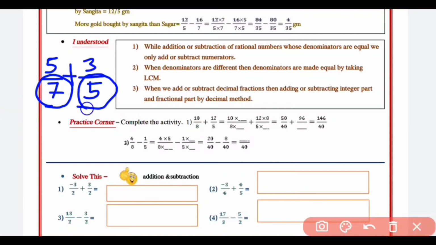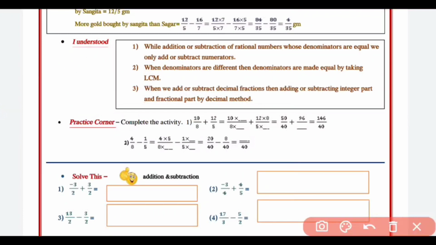And sometimes we can solve it by a different method also. First method is by equalizing the denominator. We have to equalize the denominator and then we can add the rational numbers, or we can subtract the rational numbers. And the second method is, when denominators are different, then denominators are made equal by taking LCM. We can solve it by taking LCM also.